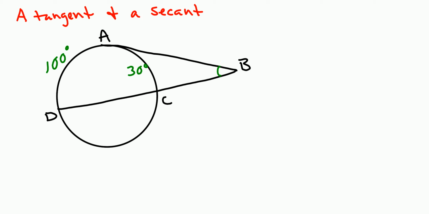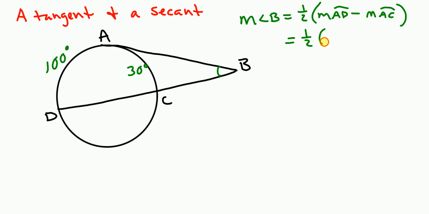We can find this angle. The measure of angle B will be equal to 1/2 the measure of arc AD minus the measure of AC. So 1/2 of 100 minus 30. So 1/2 of 70, which is equal to 35 degrees.